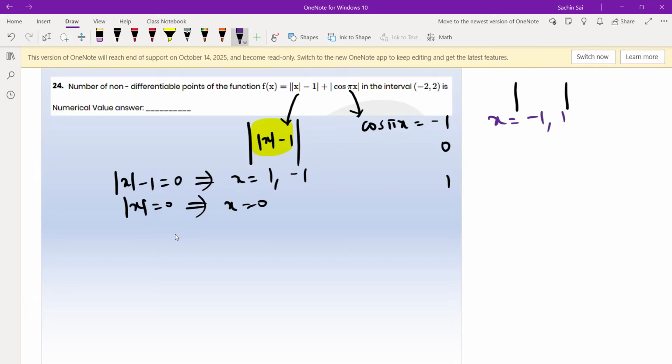Similarly, for cos theta to be plus 1, theta must be an even multiple of pi. So here that is only possible when x equals 0, right? And similarly, when is cos pi x equal to 0? That happens when theta is an odd multiple of pi by 2. So here x can either be minus 3 by 2, minus 1 by 2, 1 by 2, or 3 by 2. Remember, I'm taking values from the interval minus 2 to 2.